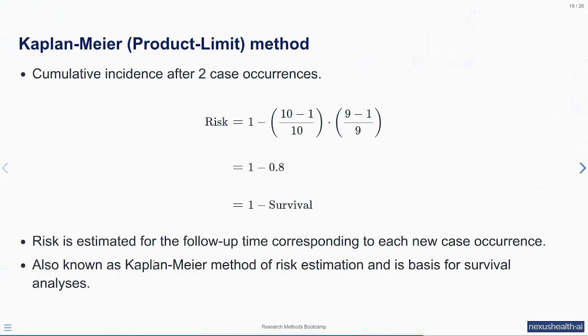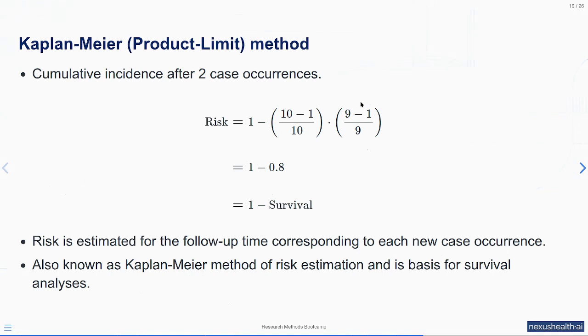So risk is estimated for the follow-up time corresponding to each new case occurrence, and so this is basically what we call the Kaplan-Meier method of risk estimation, and it's the basis for survival analysis. So we take the period of follow-up, and it's broken up into time intervals, and what we look at is the probability of surviving each of those time intervals, and it's considered that these probabilities are independent, which is why we multiply them.